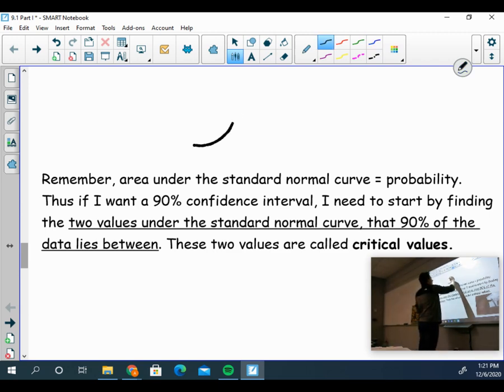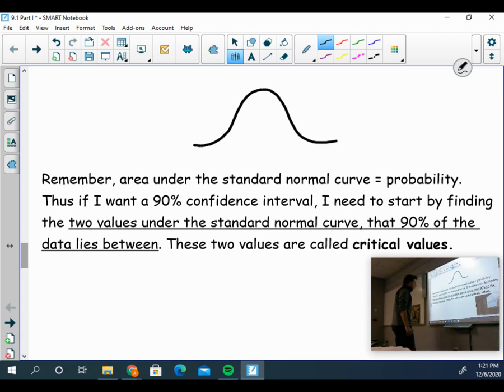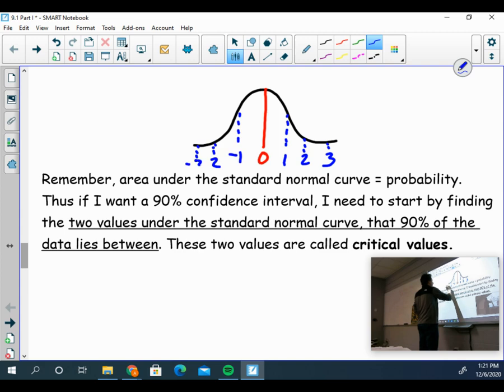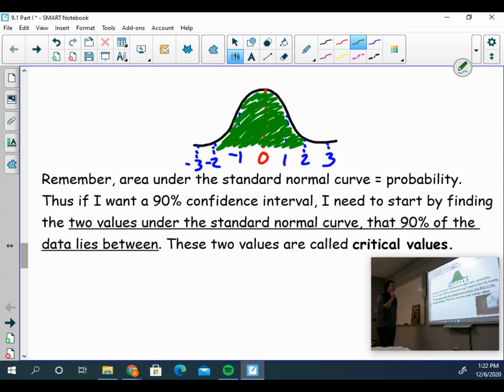Specifically, if I have a standard normal curve here, with mean 0 and standard deviation of 1, the empirical rule told us that 95% of our data was between 2 standard deviations below and 2 standard deviations above on a normal curve, which means for the standard normal curve, 95% of the data falls between -2 and 2.